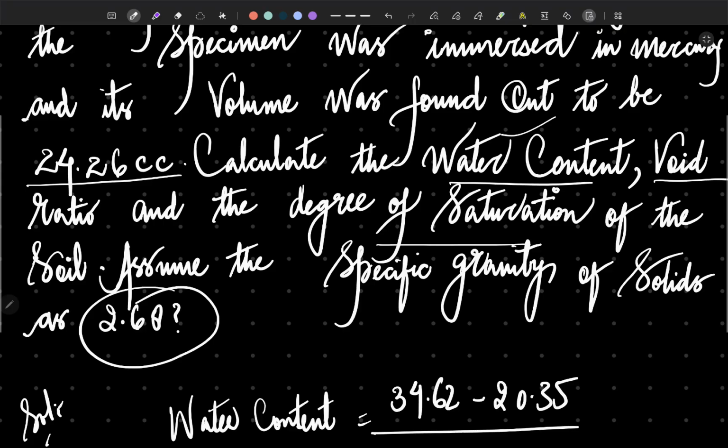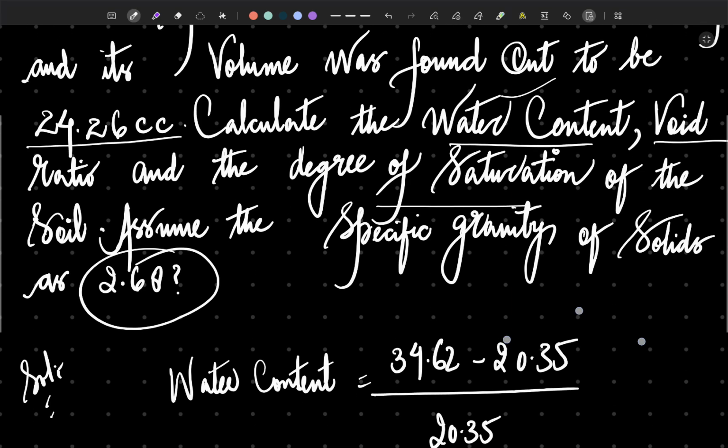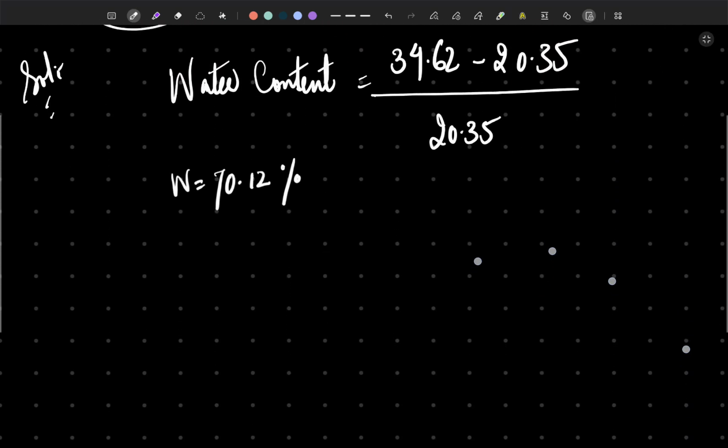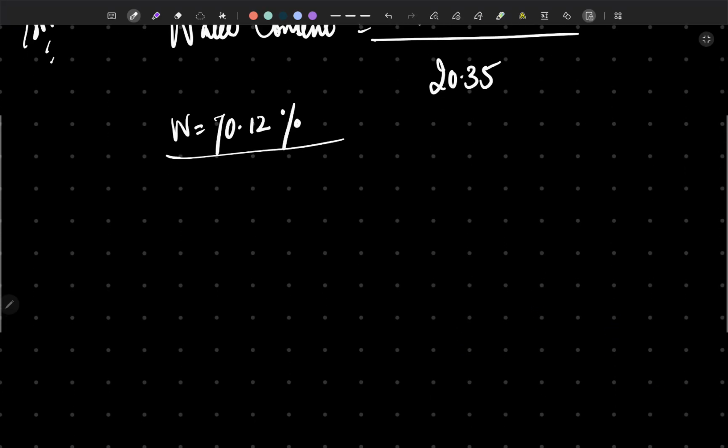Now we have to calculate the void ratio. For that, I'll be calculating the dry unit weight first, and then subsequently we'll arrive at the void ratio. I know the water content, so I'll find the dry unit weight.